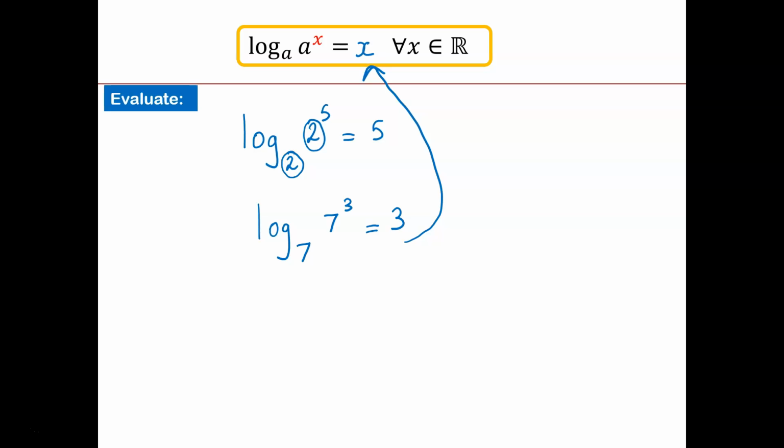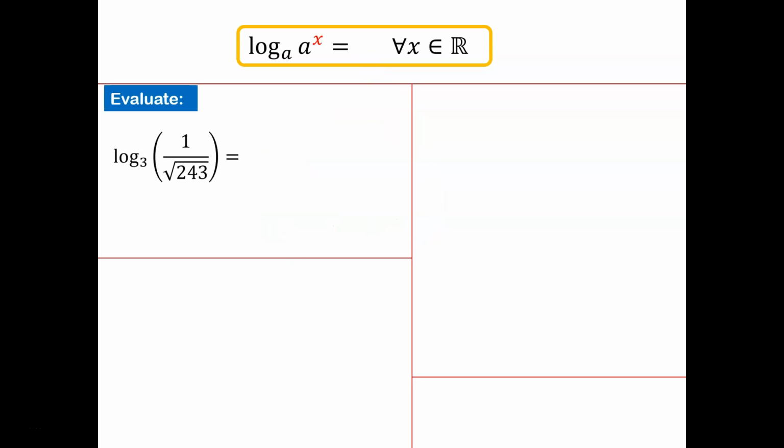So next, we're going to have to evaluate the following. Now, the base here is 3, and the trick is to get this as 3 to the power of something. Okay, so let's go step by step. We have log base 3. Now, let me just write this one down here.